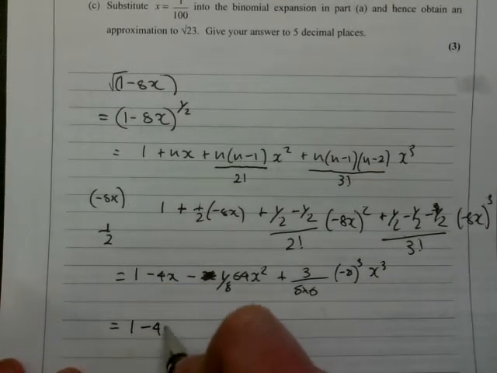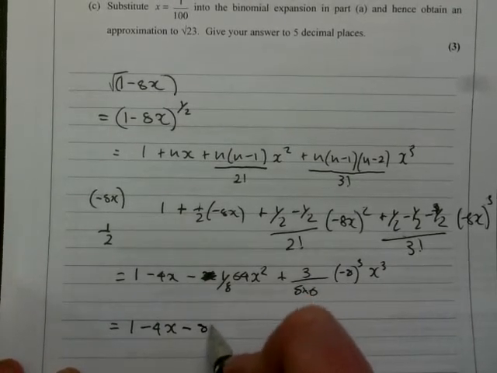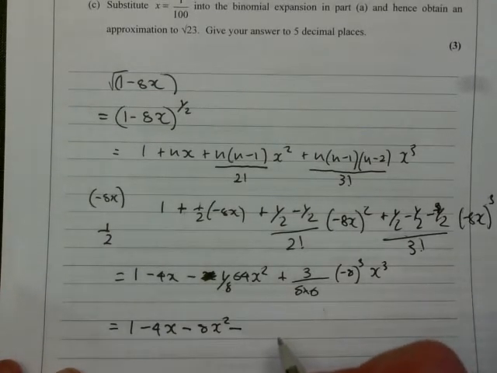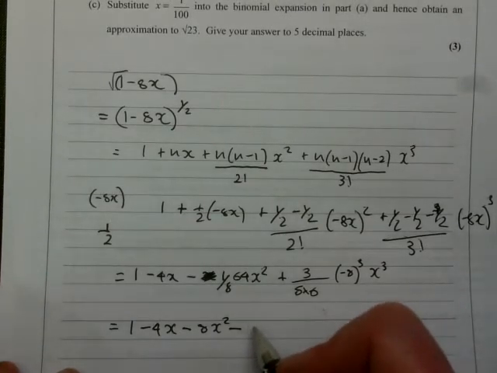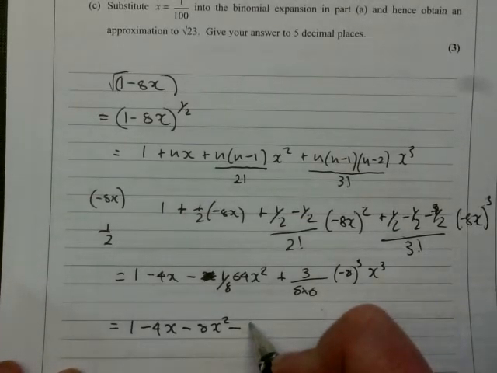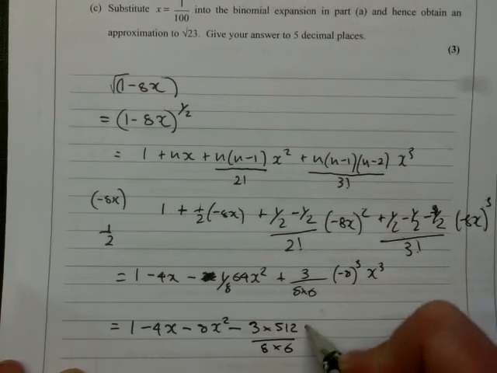So 1 minus 4x, 64 over 8 is going to be minus 8x squared. And then it's going to be minus, because the 8 cubed, that's 64 eighths. 64 times 8, I think it's 512, so we've got 3 times 512 all over 8 times 6 x cubed.